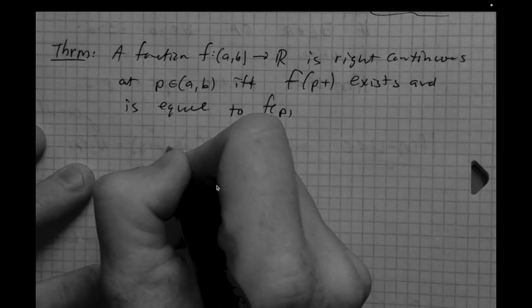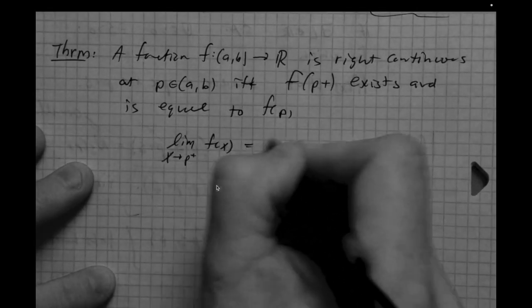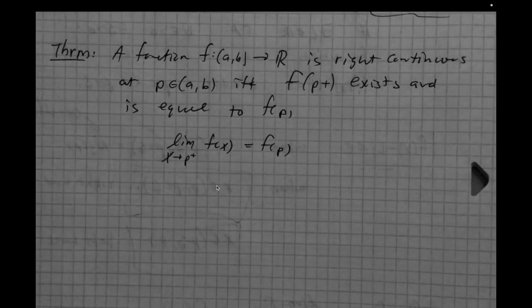Another way to say that would be that the limit as x approaches p from the positive side of f(x) is equal to f(p). So this is the theorem that says right continuity holds if you have a right-handed limit and it is equal to the value of f at p. And the same is clearly true for the left side limits as well. We'll just state the right-hand side, but the same theorem would apply to limits from the left.